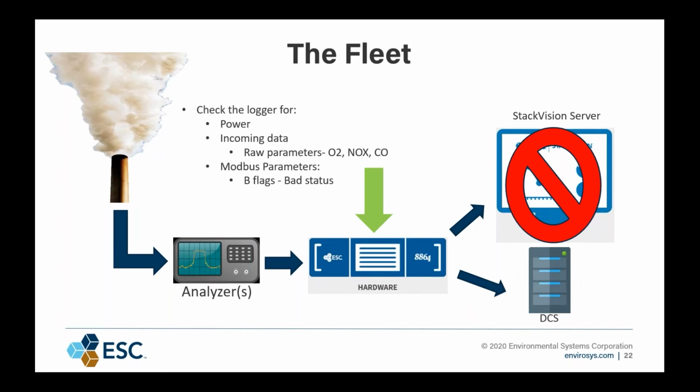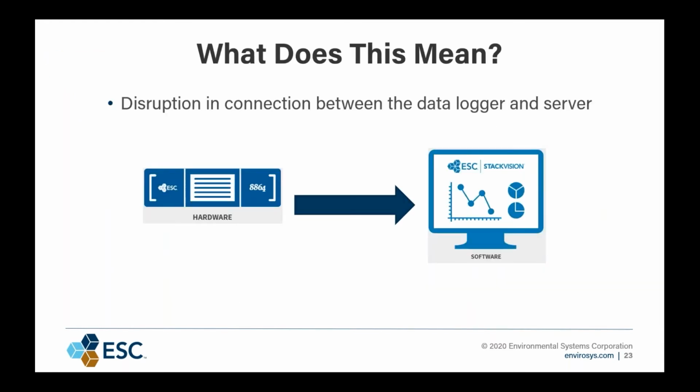So if you check your logger and notice that your data is still coming in just fine, you're going to be stumped and ask, what does this mean? What this means is that there's a disruption in connection between your data logger and server.